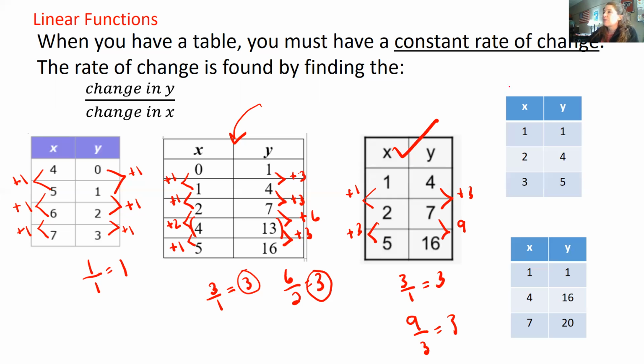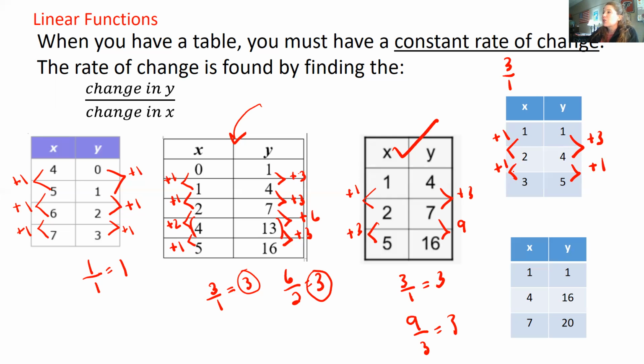Let's look at the last 2. All right, so our change here from 1 to 2 is plus 1, and from 2 to 3 is plus 1. So from 1 to 4, we would add 3, but from 4 to 5, we would go up 1. So if we did a ratio of change in y over x, for the first one, we get 3 over 1.